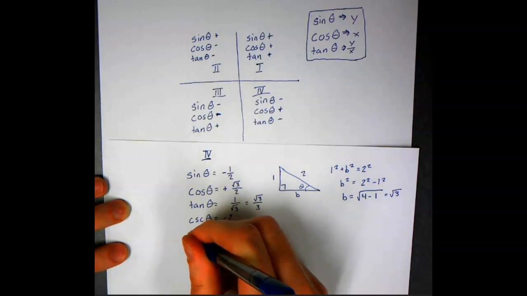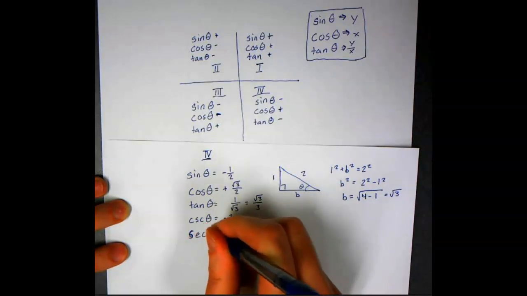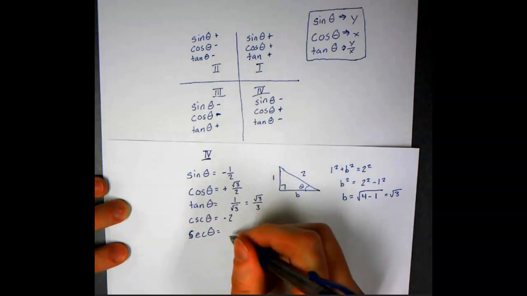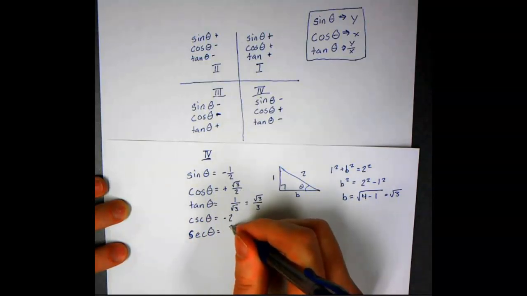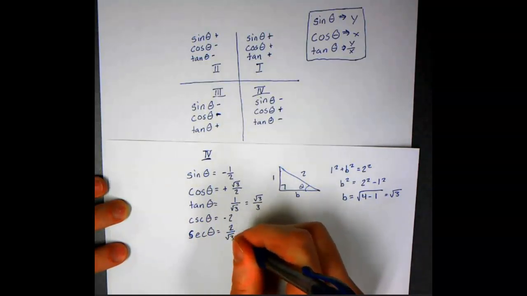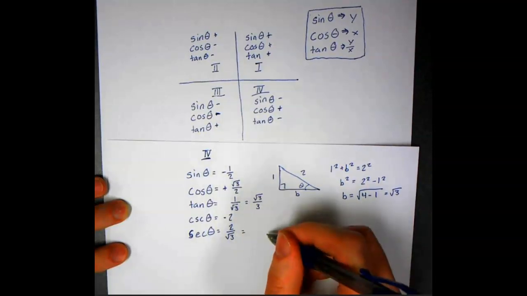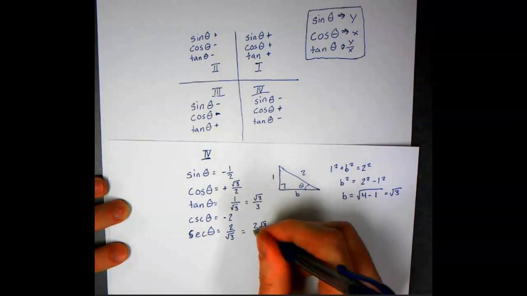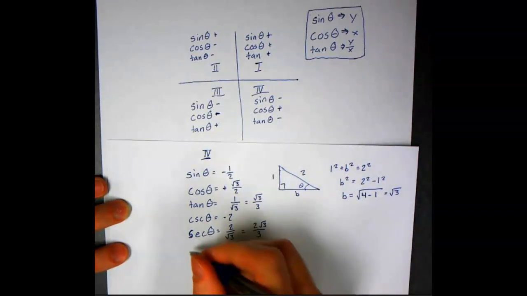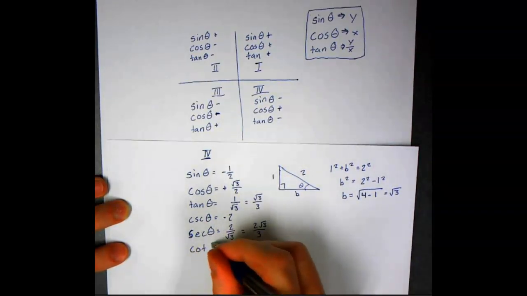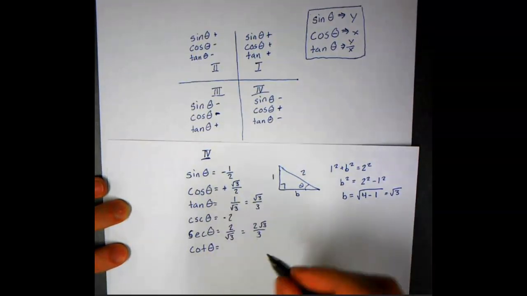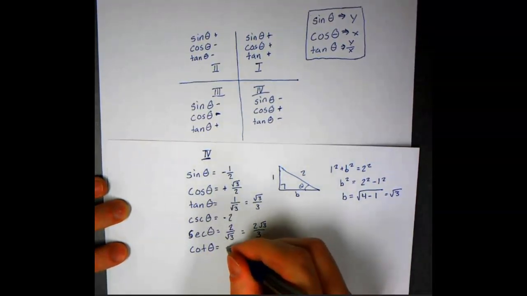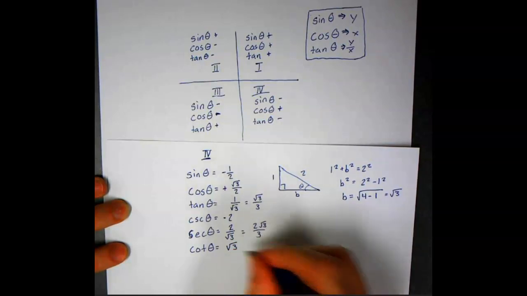The secant is going to be the reciprocal of cosine, so we'll have 2 over root 3. Again, when we rationalize this, we'll have 2 root 3 over 3. And cotangent is going to be the reciprocal of tangent. So we'll have root 3.